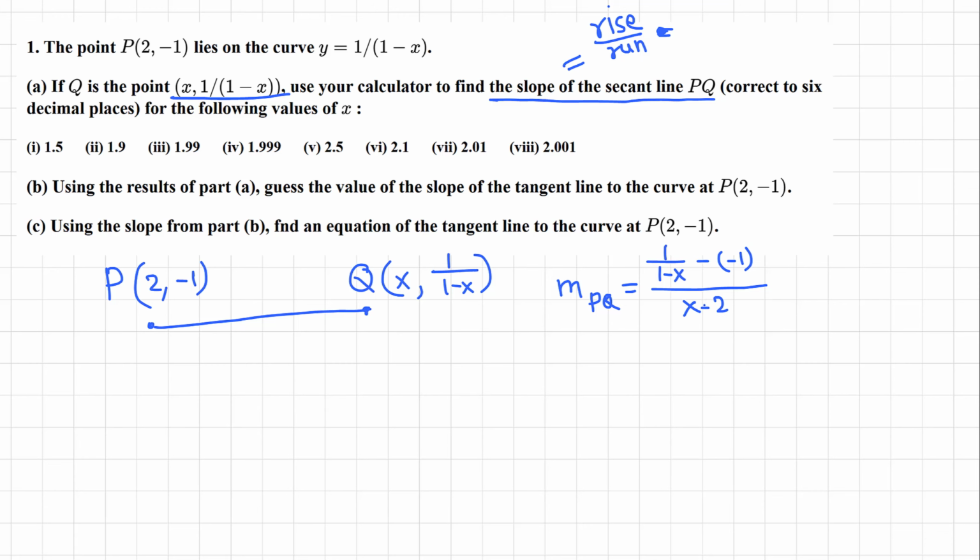Okay, let's simplify. On the top, negative and minus means plus 1. Now we can combine these two fractions. One we can multiply by 1 minus x over 1 minus x. I'm just making a common denominator. And on the bottom we have x minus 2. 1 minus x is the common denominator.